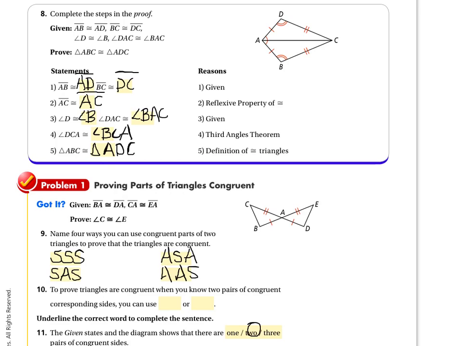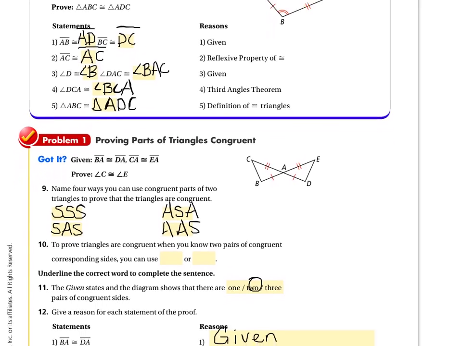As you can see, we always start with the given statement, and we go from there. Now you will see a lot of reflexive property and third angle theorem. So after you get that copied down, let's move on to problem number 1.